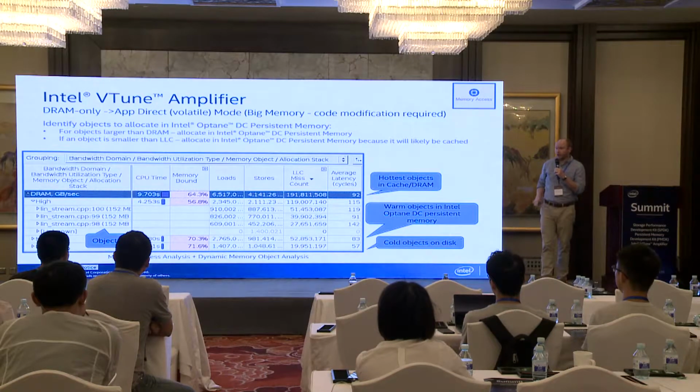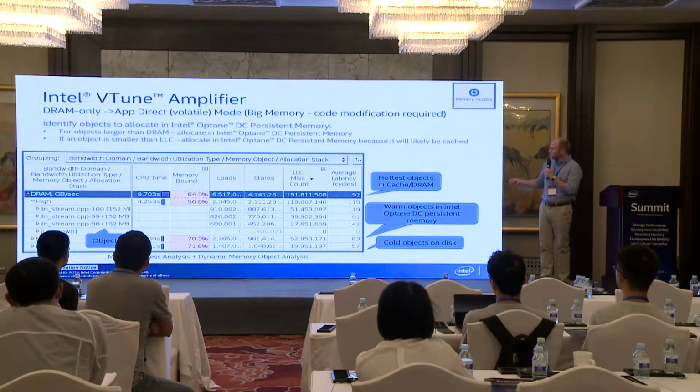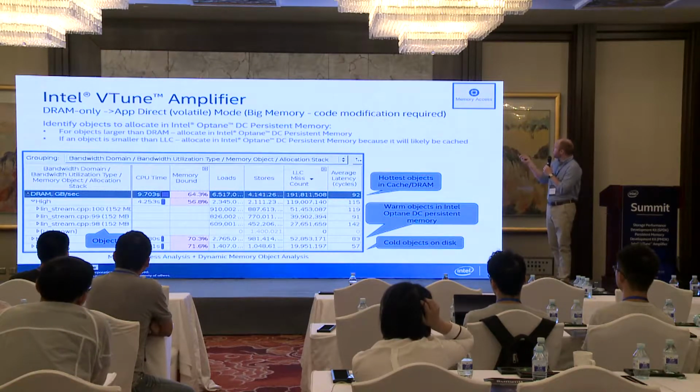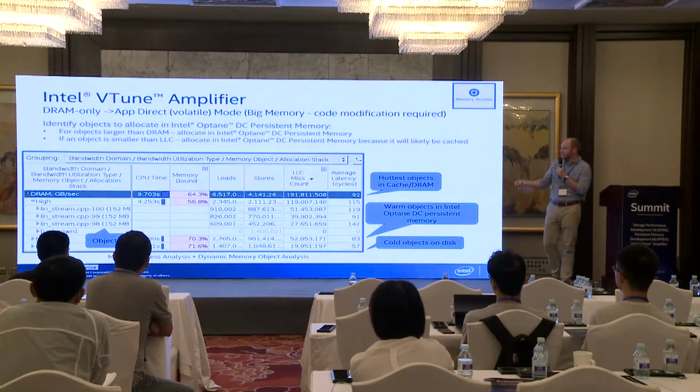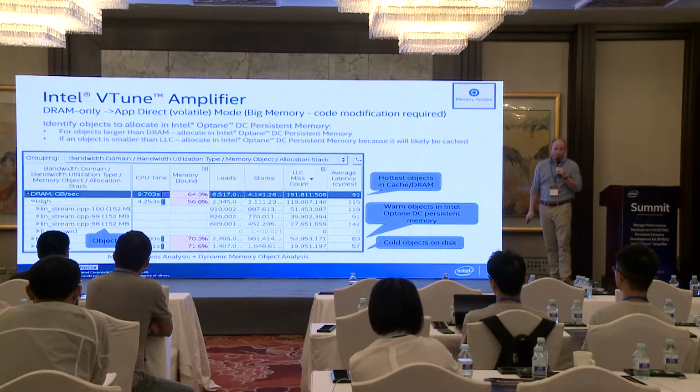You don't have to do it all on your own. The key characteristics that you want to look for when targeting App Direct mode are the size of the objects that are being allocated. And if you run a memory access analysis in VTune, you'll be able to see the size of every object that's allocated, and from there you can choose where to put those objects.